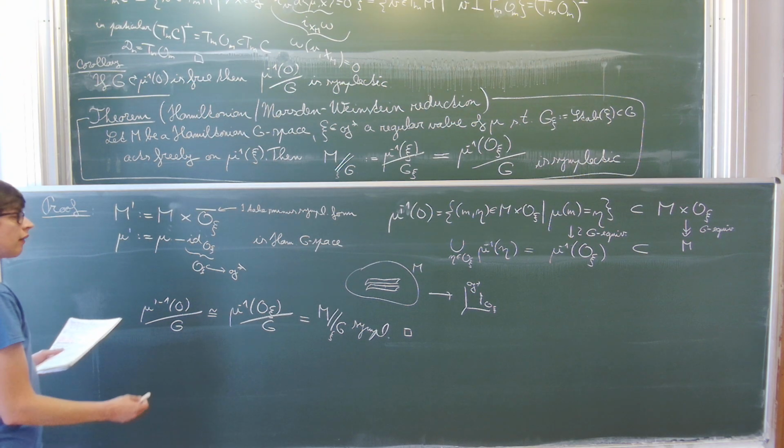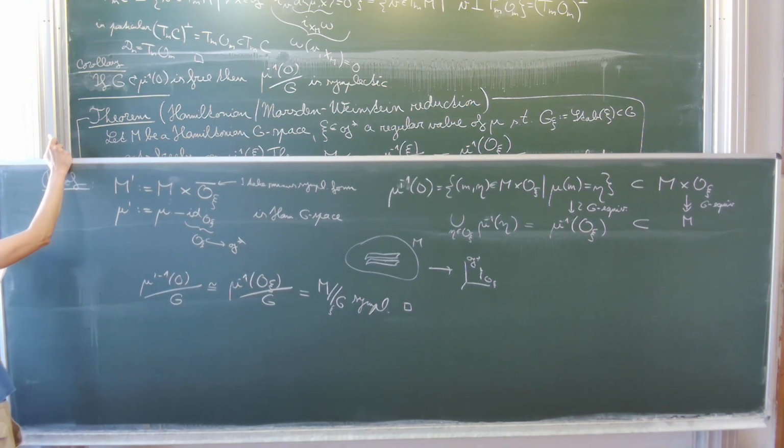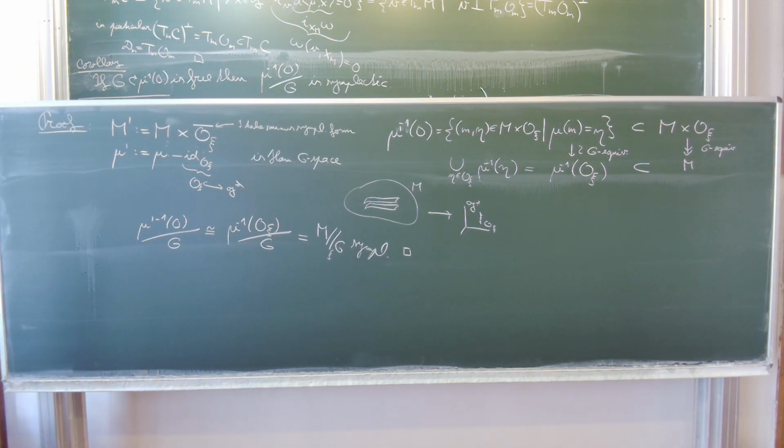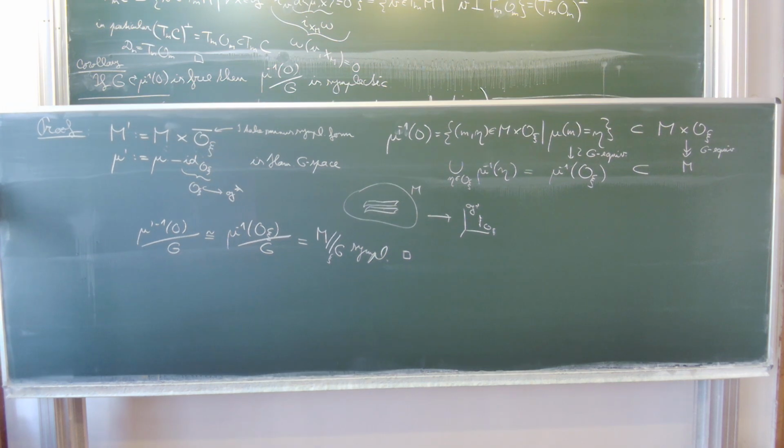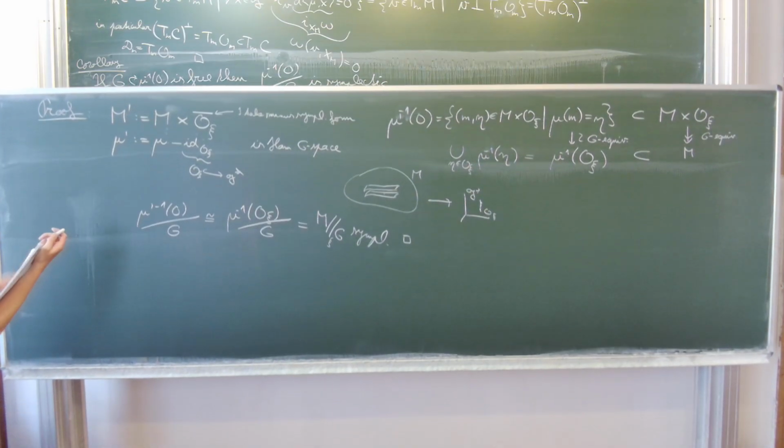So then there is one last thing, no, sorry, there are 2 more things that one can say about this in this general context. You can wonder what is the algebraic characterization of these Hamiltonian reductions.